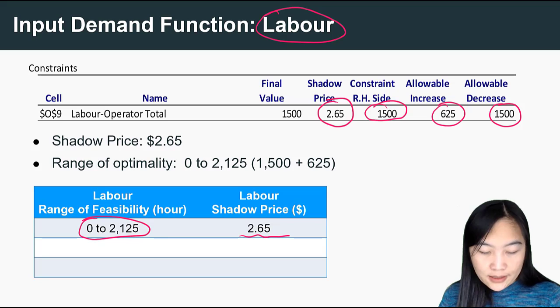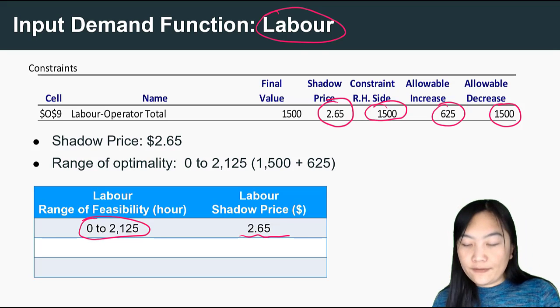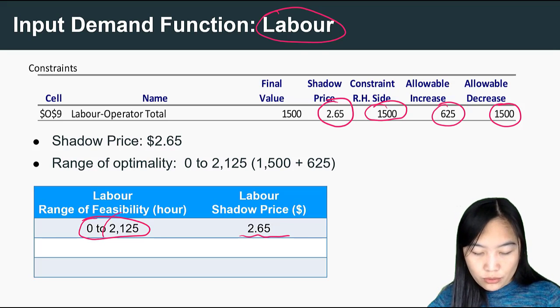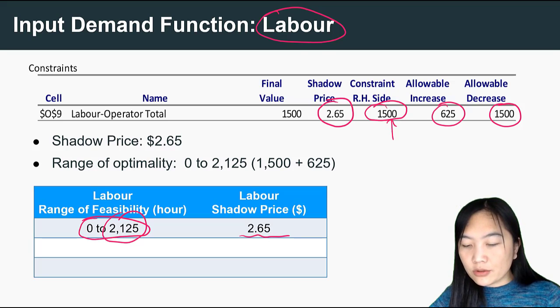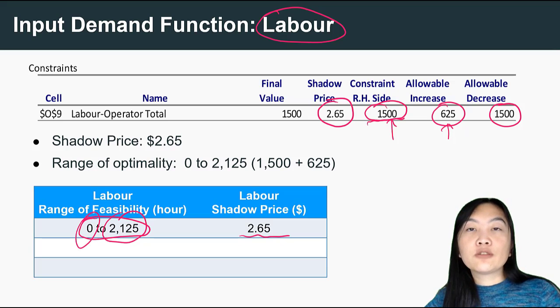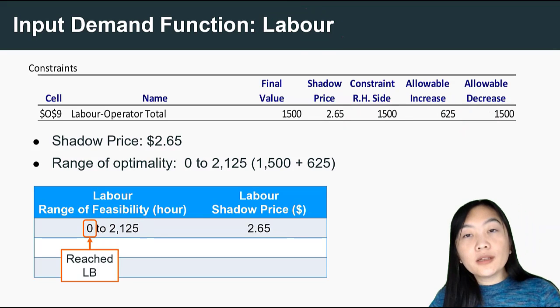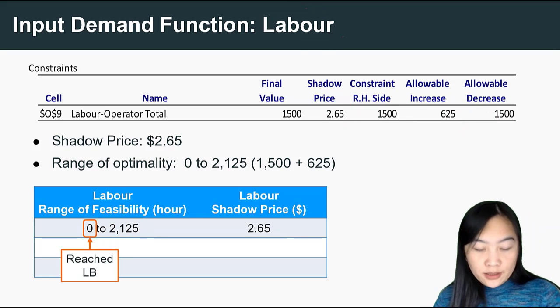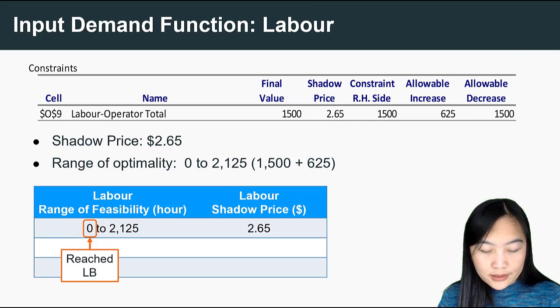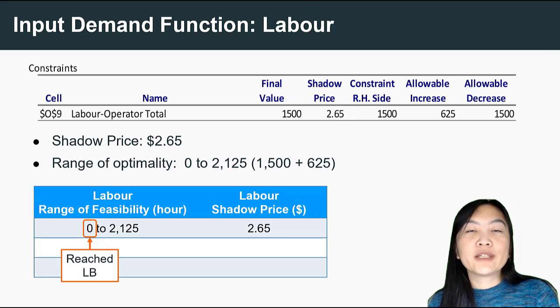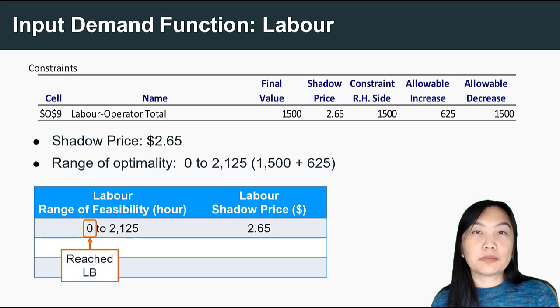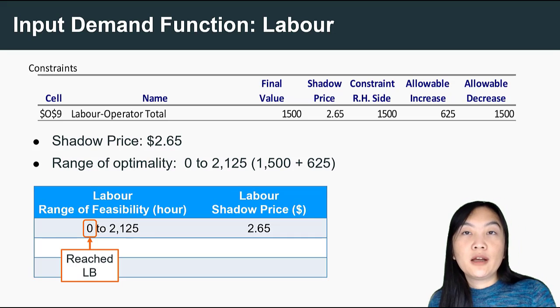And we can find this range of feasibility. So 2125 is 1500 plus this allowable increase, and the other side is 0 because 1500 minus 1500 is 0. So we already reached the lower bound here, 0, because the producer cannot use a negative amount of labor.